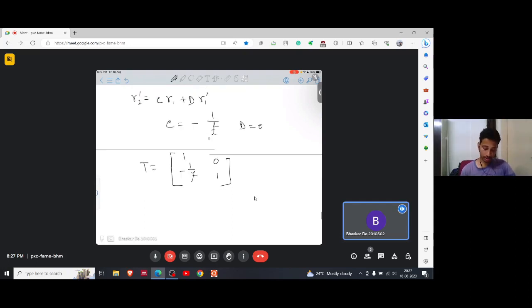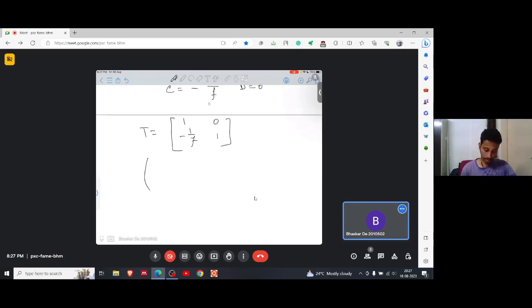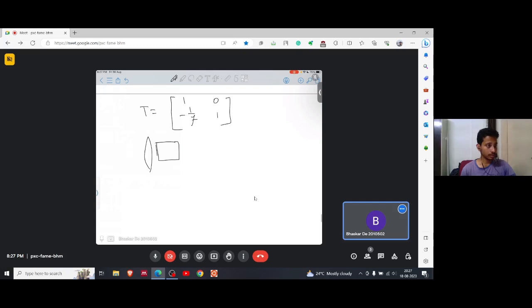So for example, if there is a lens and then there is a block that is touching each other, that means two elements in cascade.